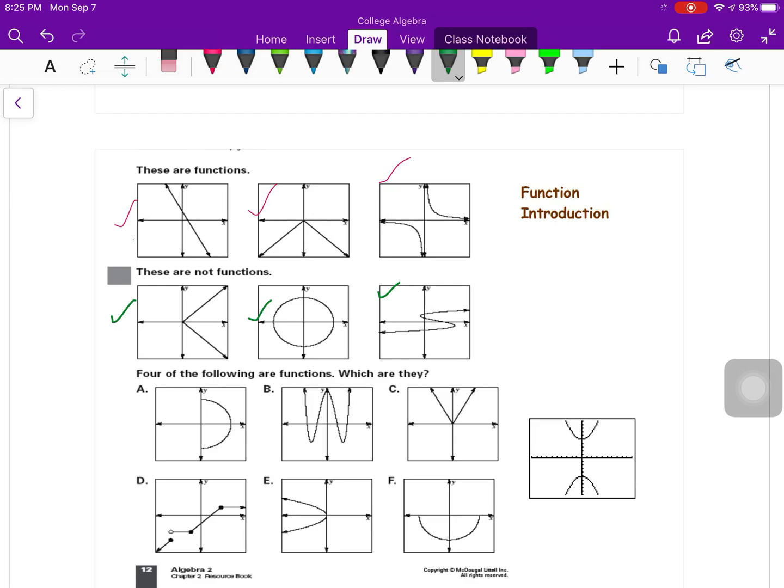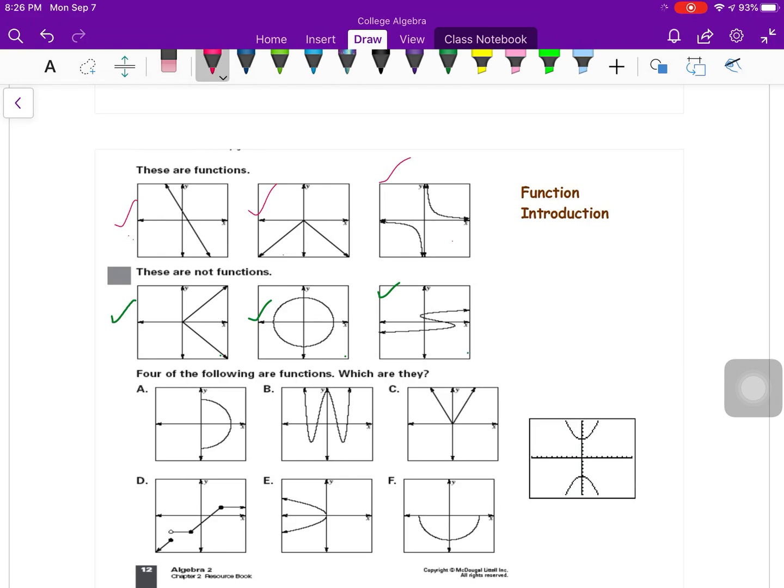As we're looking very carefully at all of these graphs, can you tell me what the difference is between those that are functions compared to those that are not functions?